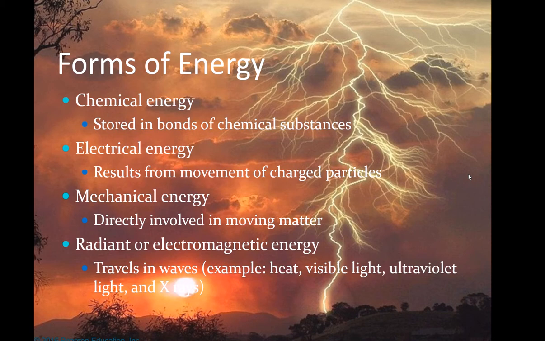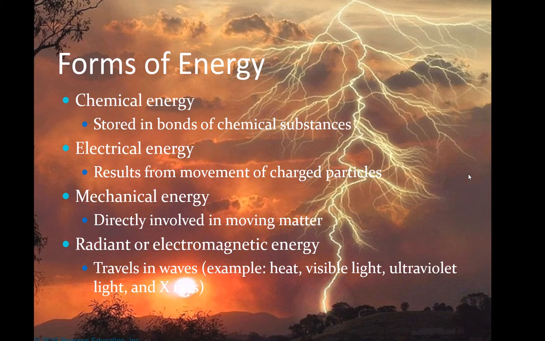When we have, for instance, here, this lightning, this is electrical energy, charged particles. And then we have things like electromagnetic energy. I'm sure you've heard of the electromagnetic spectrum before. Heat, our most disordered energy form, is electromagnetic.